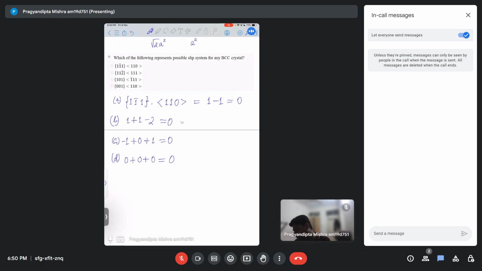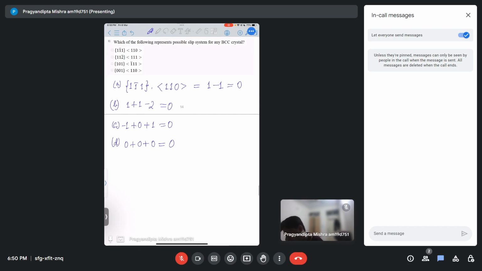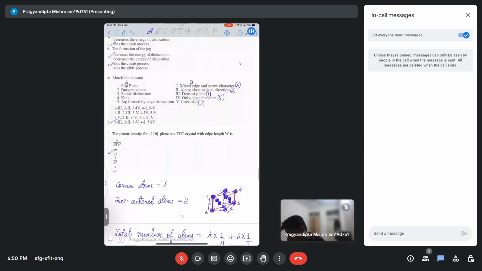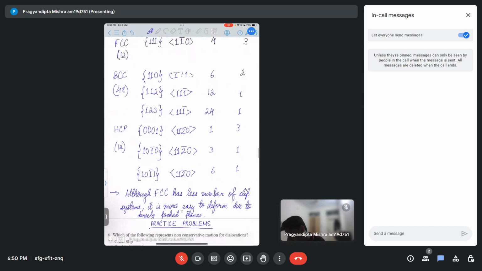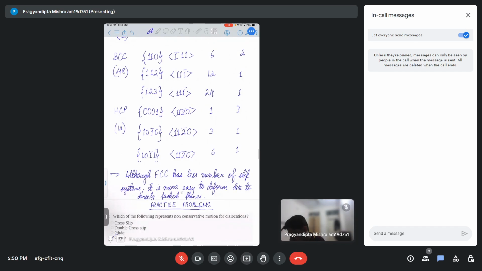So it has to be option B or C. So among B or C, which have closely packed planes? Let's check that out. For BCC, as we have already seen in this table, we have 110 and 112 as the two closely packed planes, and 111 as the closely packed direction.